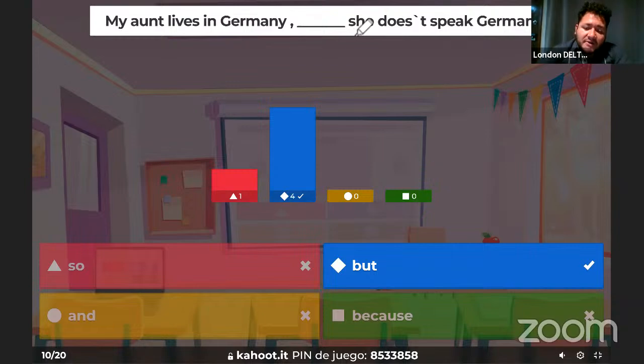So a compound sentence, what do you think is a compound sentence? Ya explicamos que es una oración sencilla, que sería una oración compuesta. Dos ideas unidas.